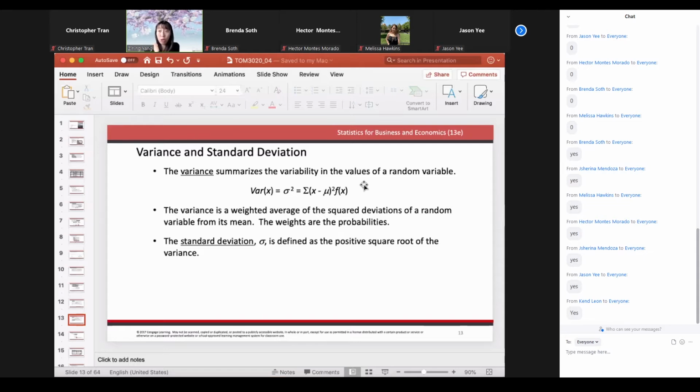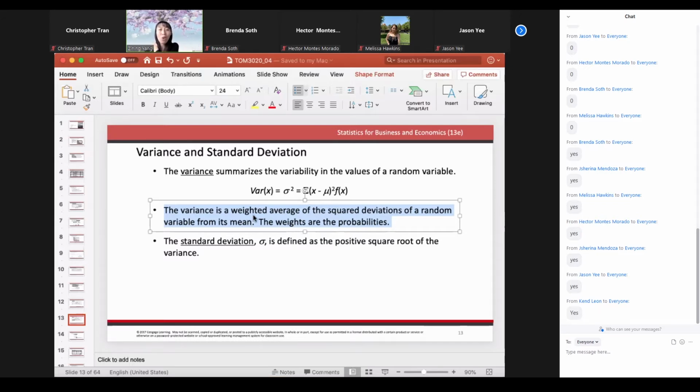The variance is also very similar to what we saw last week. The variance is a weighted average of the squared deviation of a random variable from its mean, and again, the weights are the probabilities. Same concept as the standard deviation we learned: the average of the squared deviation between your x value and the mean. Same as last week, we do x minus mu and square that deviation.